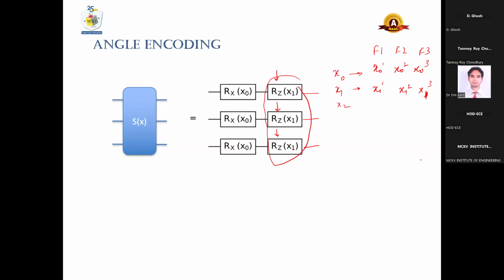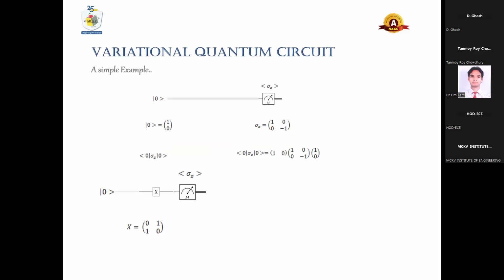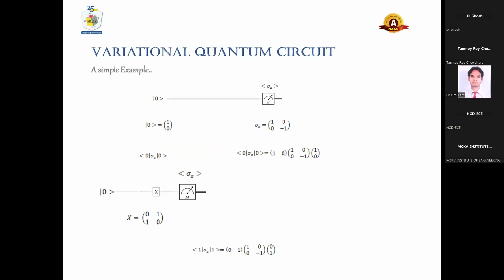So the next and the most important part is, how do you optimize the circuit? Now I'm going to give you a very, very simple example to optimize the circuit. Now look at this. This is 0. Now I want you to do the maths. The maths is simple, and you can do this maths. So ket 0 is 1, 0.